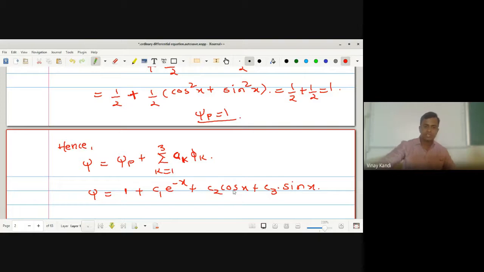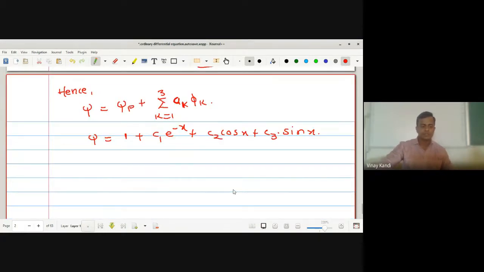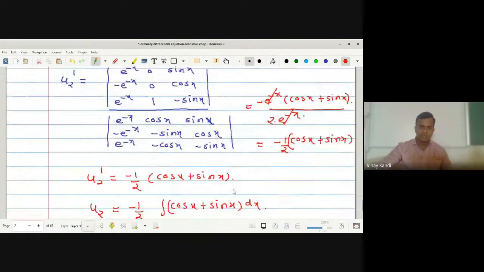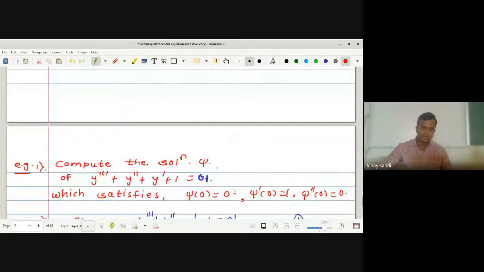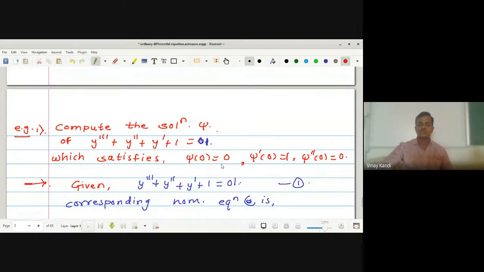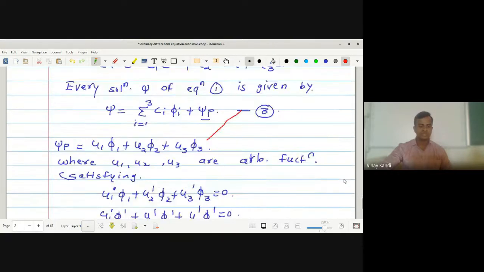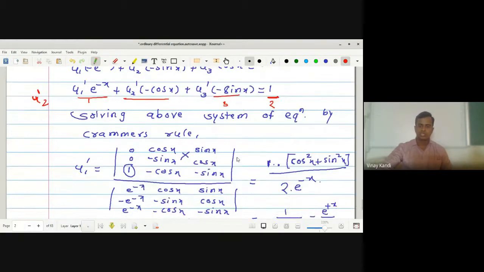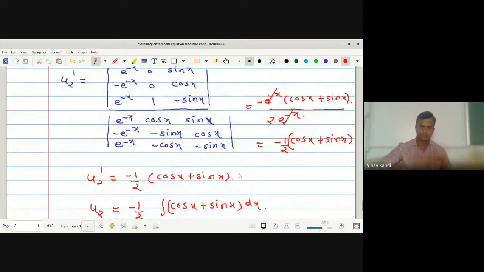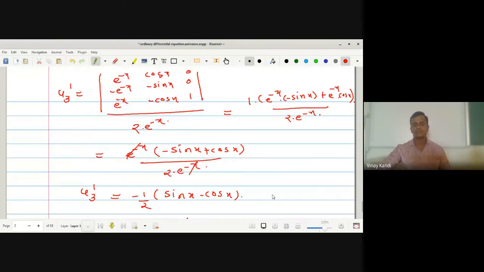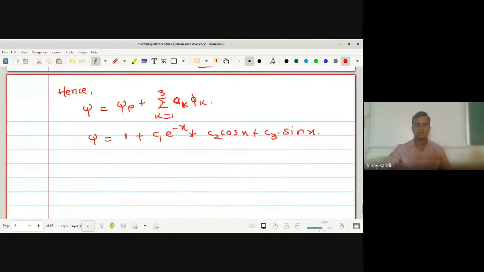Okay, now this is psi done. Now what do we have to do? What initial conditions did they give us? psi of 0 is equal to 0, psi dash of 0 is equal to 1, and psi double dash of 0 is equal to 0. So differentiate with respect to x again. Now your psi has come. What will your psi dash be? c1 again minus e raised to minus x.